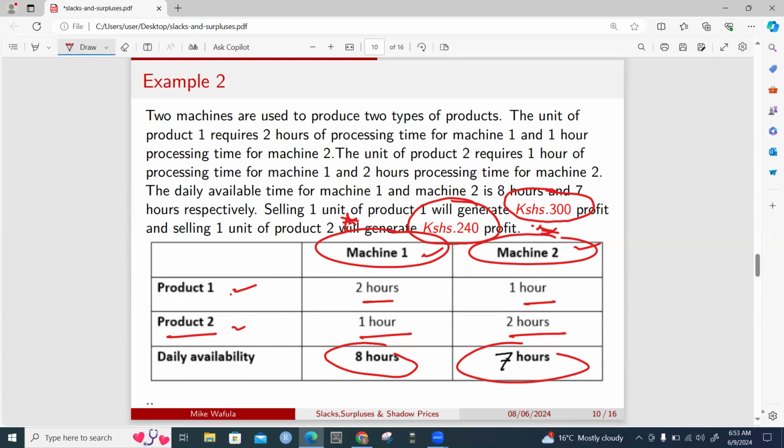So we'll formulate just as usual. Let the number of units for product one be X1 and for product two be X2. We shall be maximizing 300X1 plus 240X2, subject to the first constraint 2X1 plus X2 less than or equal to 8, and the second one X1 plus 2X2 less than or equal to 7.